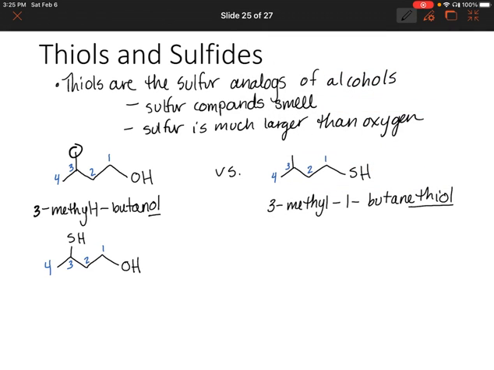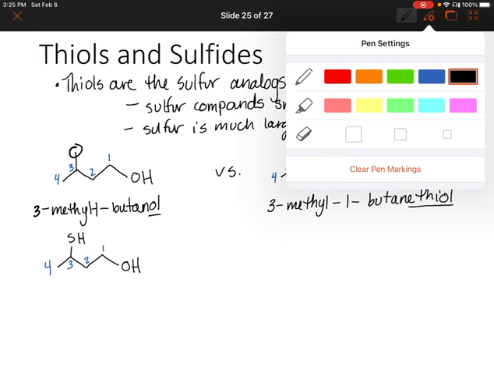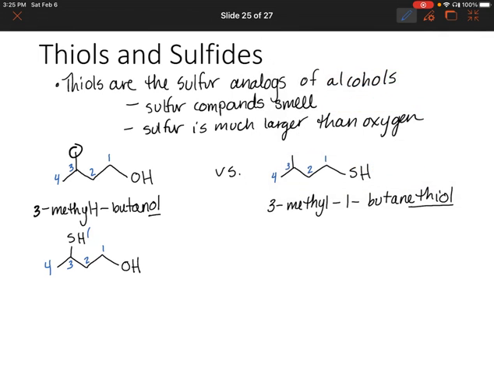And the alcohol actually has priority over the sulfur group. So the sulfur group is considered a substituent, and we would call that a mercapto group. Kind of an interesting name. So when we're naming this, we would say 3-mercapto-1-butanol.